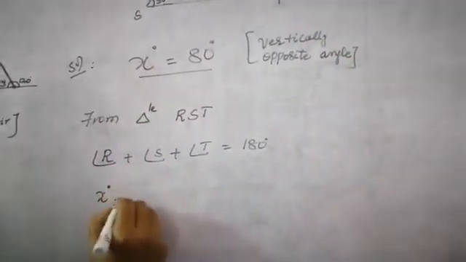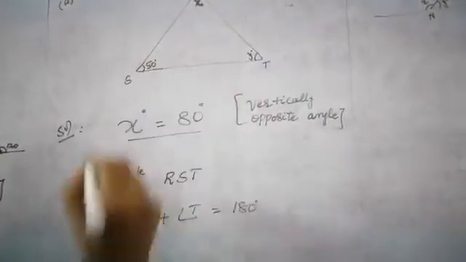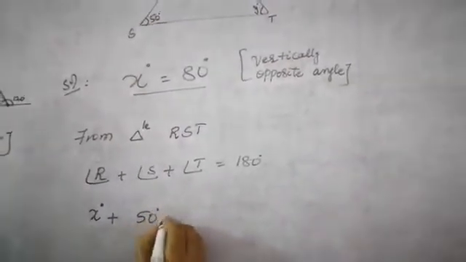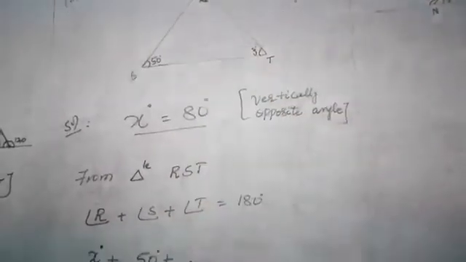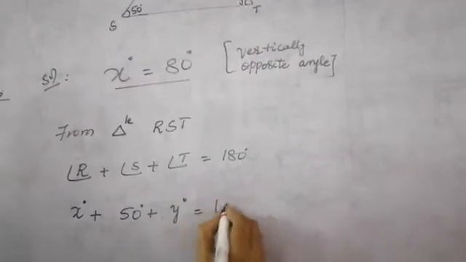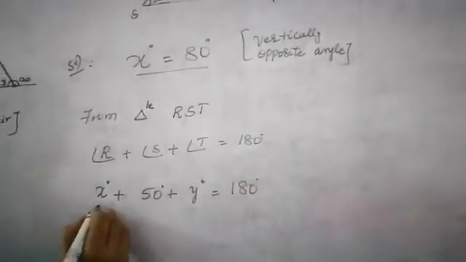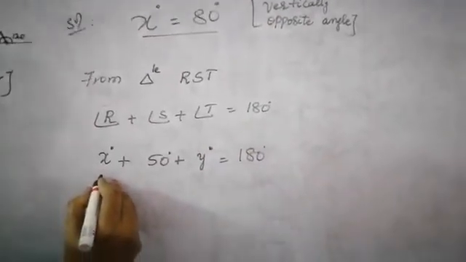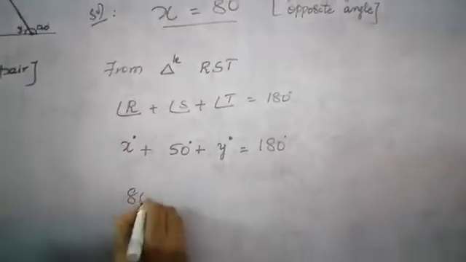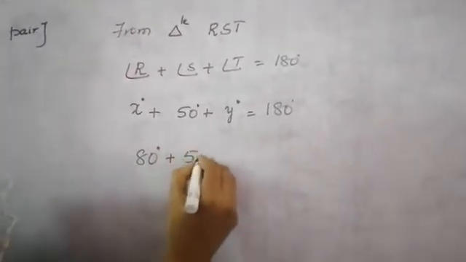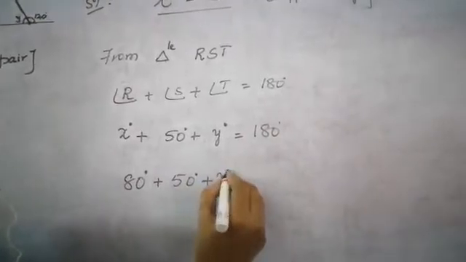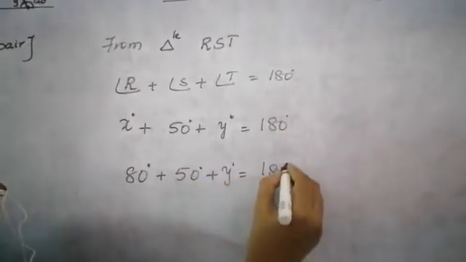Angle R is nothing but x degrees. Angle S is how much? 50 degrees. Plus angle T is y degrees, is equal to 180 degrees. But we got x as 80 degrees, vertically opposite angle, na? So substitute 80 degrees plus 50 degrees plus y degrees is equal to 180 degrees.